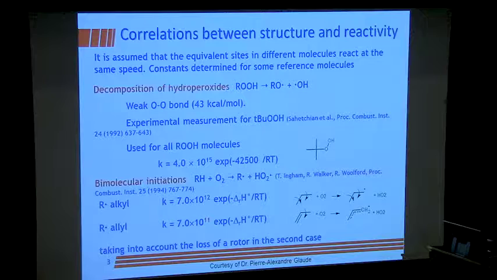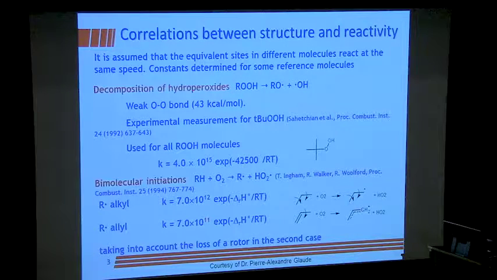We use a rate constant with a frequency factor of about 1 times 10 to the 16 and an activation energy of about 43 kilocalories per mole. Here, it's half a kilocalorie per mole lower. So in our mechanisms, for all hydroperoxide decomposition reactions, we use a rate constant of about this value, within a factor of 2 of that.